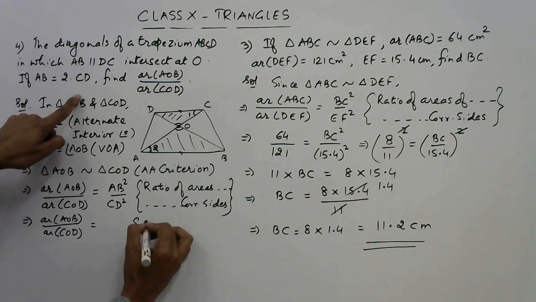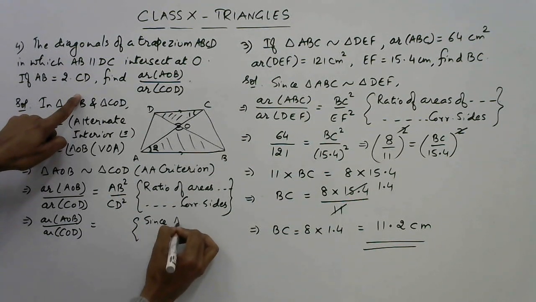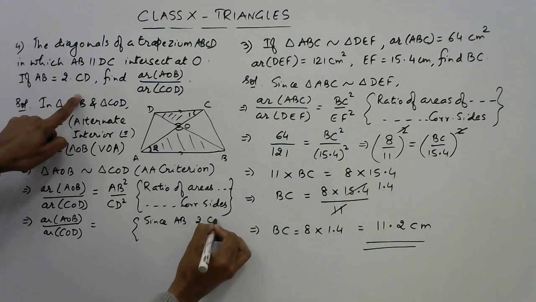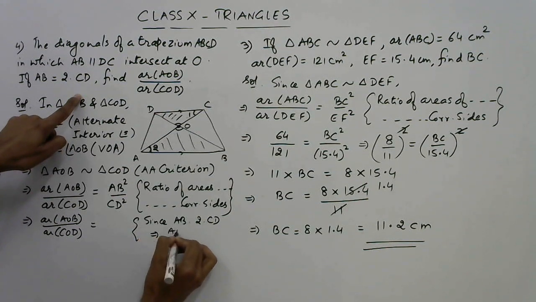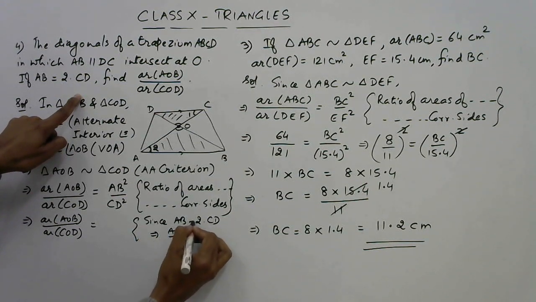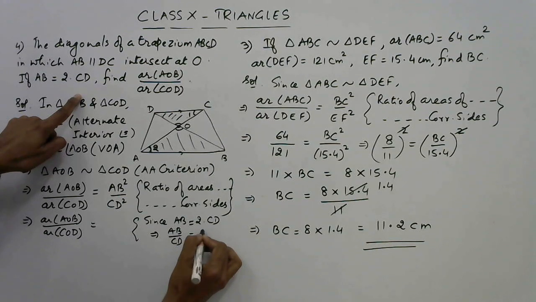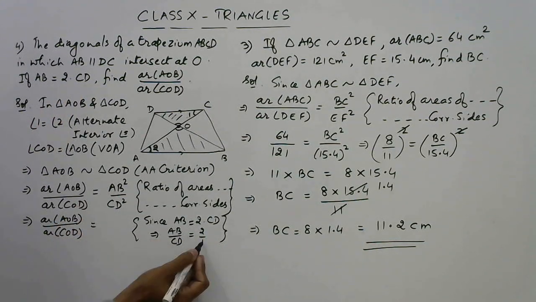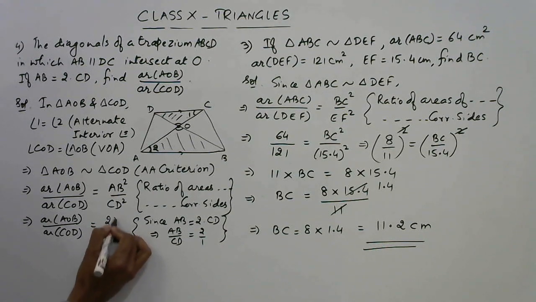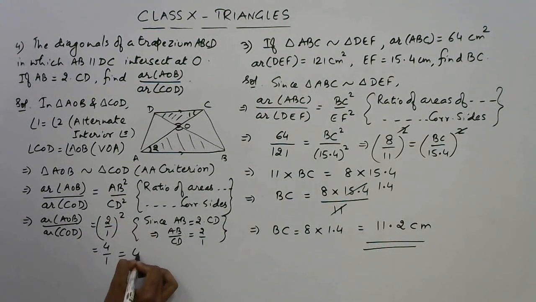I'll write it here. Since AB is double of CD, that implies AB upon CD, I'll bring this CD this side, is 2 by 1. So just put AB upon CD as 2 by 1. You get 2 by 1 whole square. So this is 4 by 1. So your answer is 4 ratio 1.